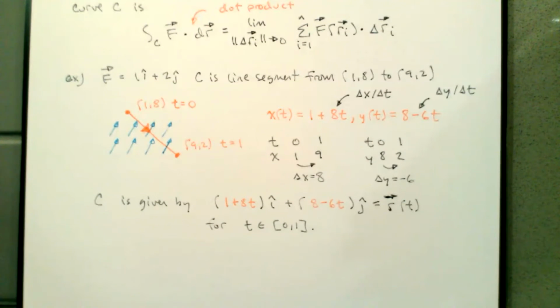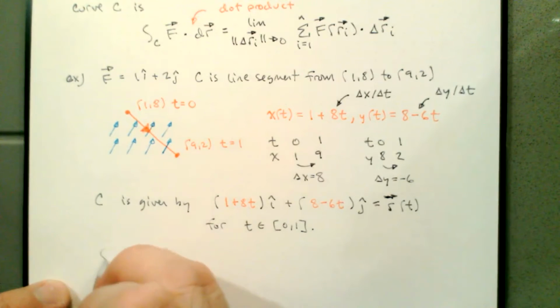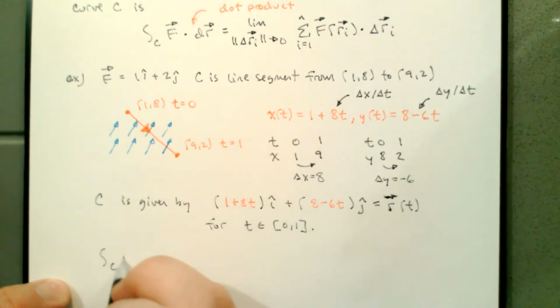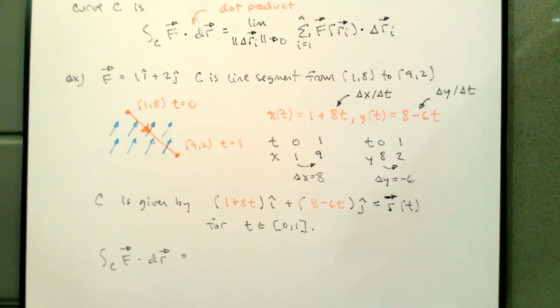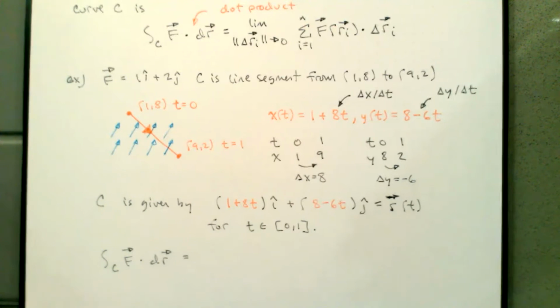Now we just need to calculate our line integral. We have parameterized the curve C. So our integral over C of our vector field F dot, oh, I'm going to have to write dr. Our integral over the curve, the way we're describing the set of points to plug into the function has now been parameterized with t.